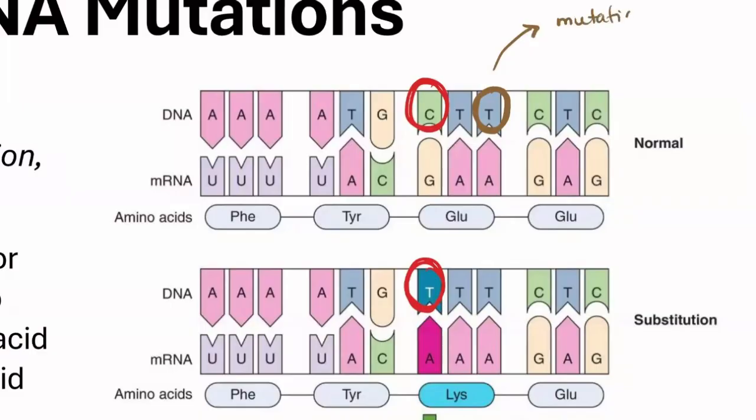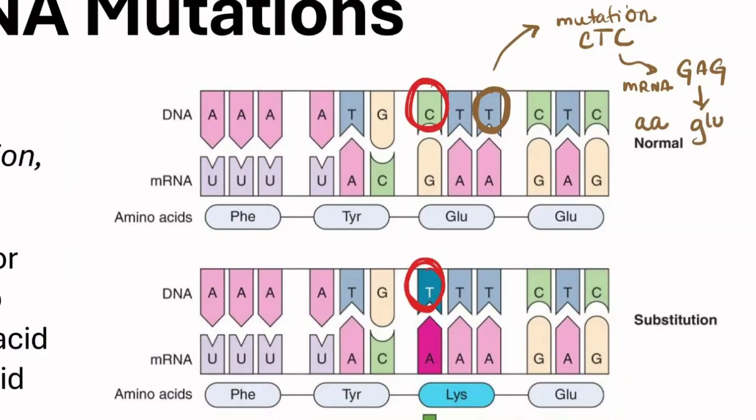If the mutation would have been that we go from CTT to CTC, CTC creates the mRNA GAG. And that GAG creates the amino acid, that's what AA is, GLU.